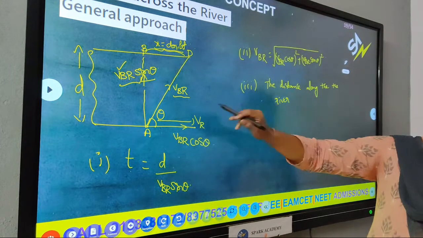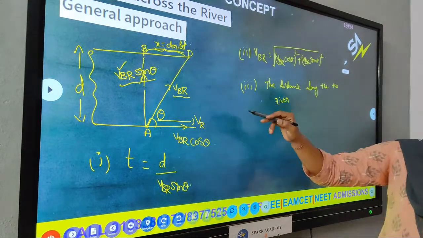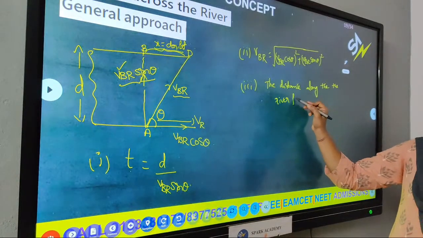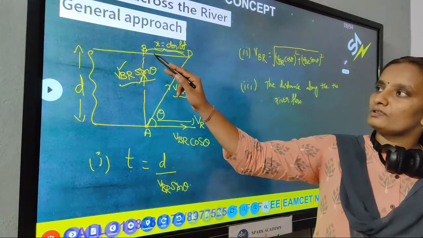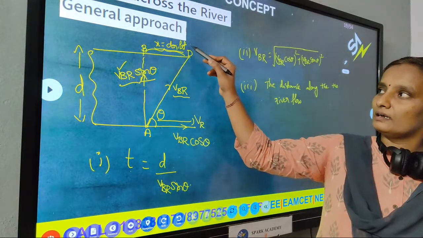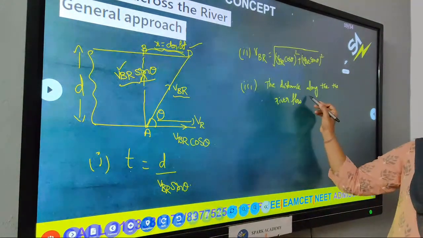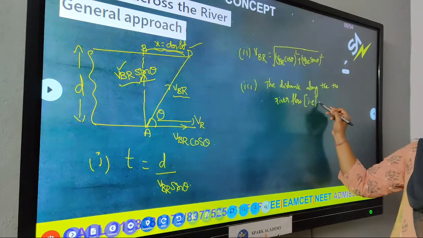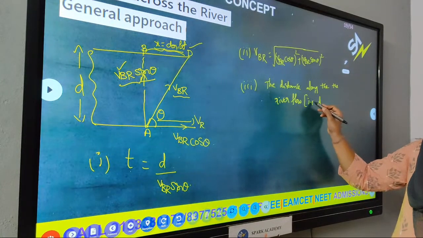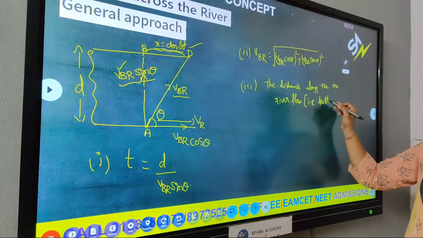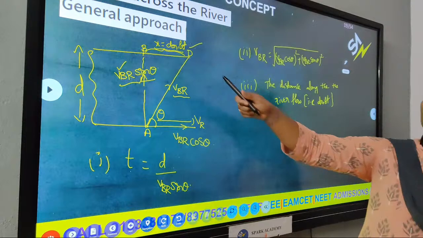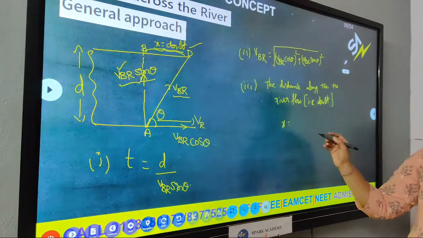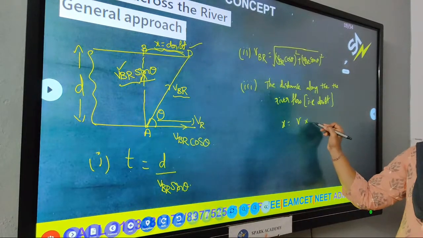What is the distance travelled by the boat person or a swimmer along the river flow? This distance, along the river flow, is called drift. So we have to calculate the drift, which is the horizontal distance. Distance will be equal to velocity into time.